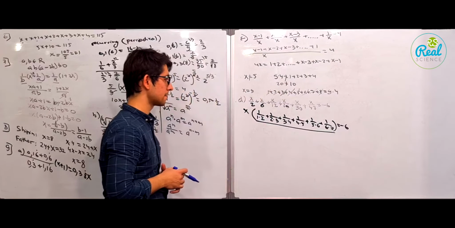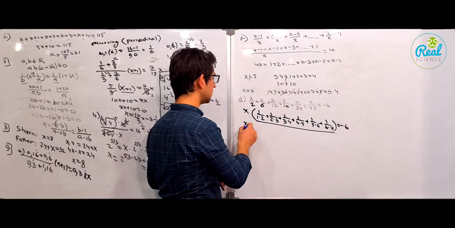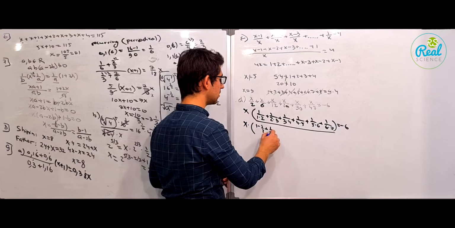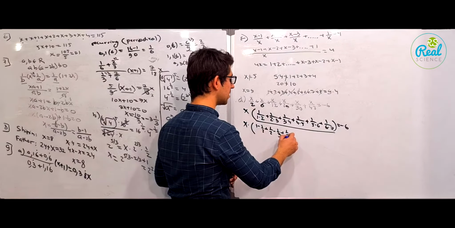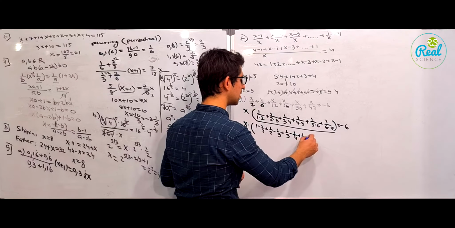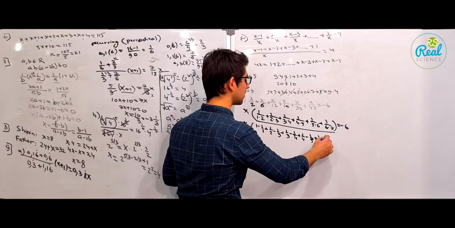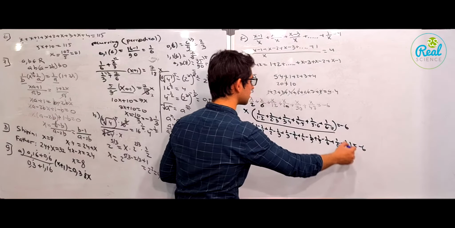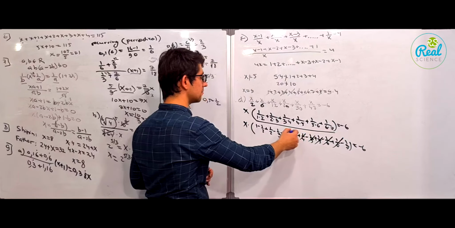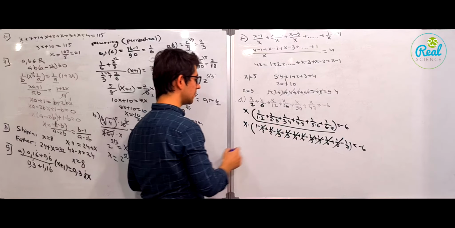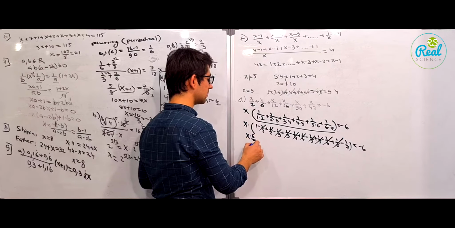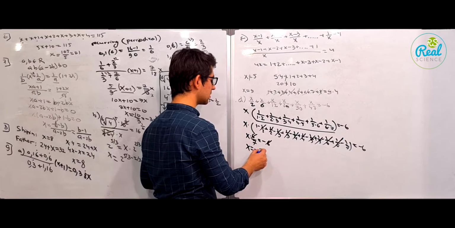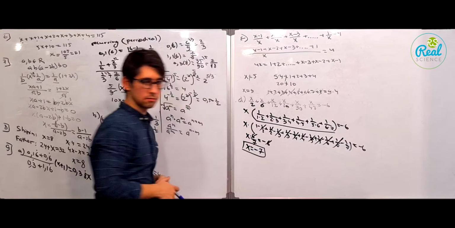The value should be calculated like 1 minus 1 over 2, 1 over 2 minus 1 over 3, 1 over 3 minus 1 over 4, 1 over 4 minus 1 over 5, 1 over 5 minus 1 over 6, 1 over 6 minus 1 over 7, right? So they will cancel one another. What we are left with is x times 6 over 7 equals minus 6, and the value of x is minus 7. Okay?